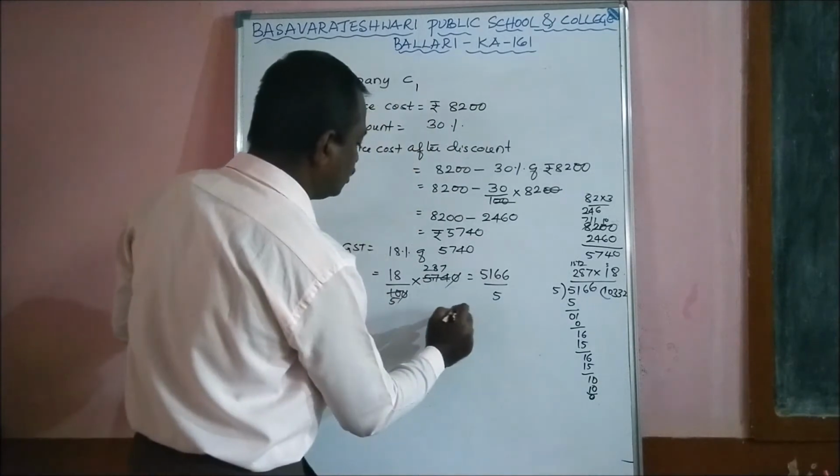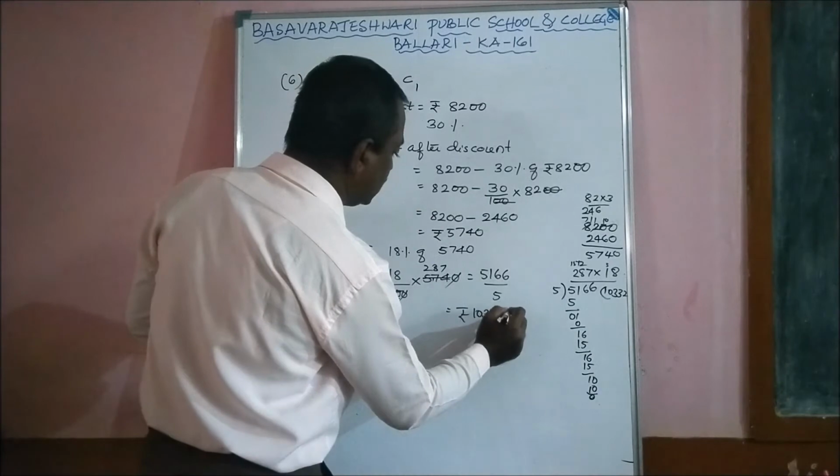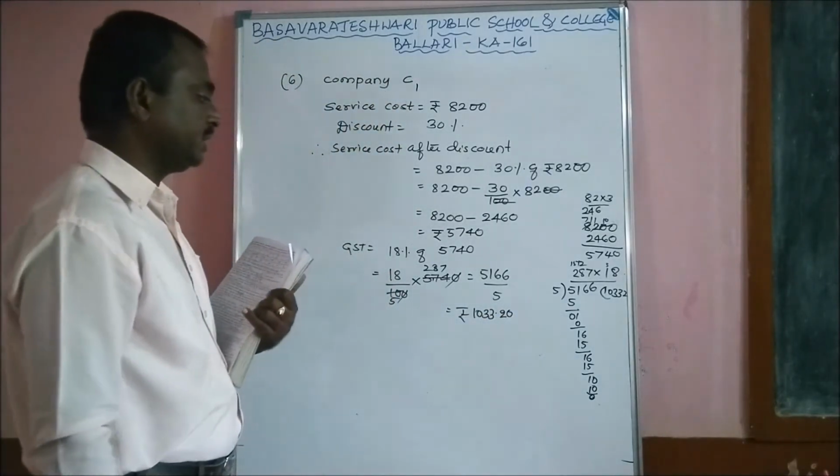That is equal to rupees 1033.20, or 1033 rupees 20 paise.